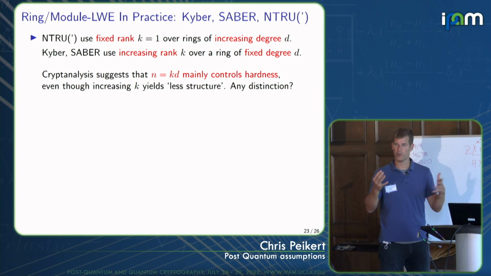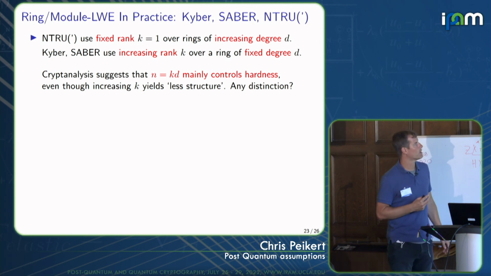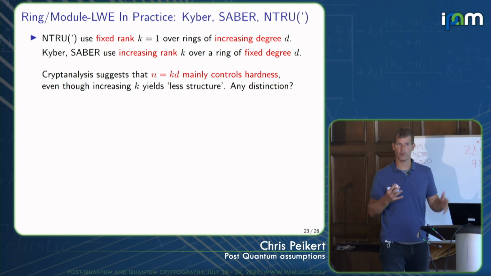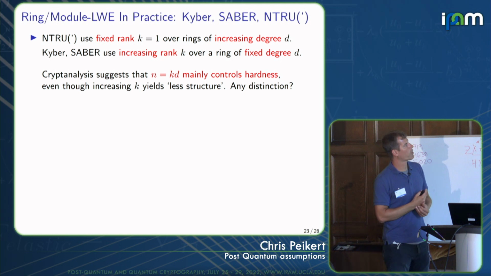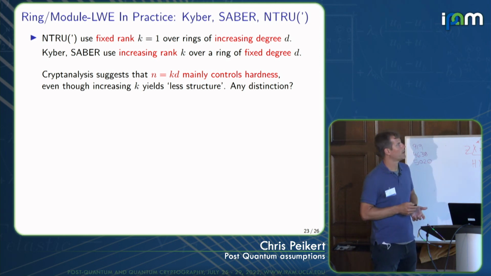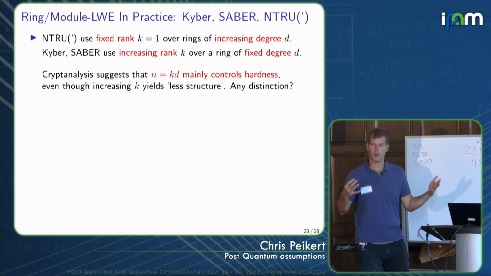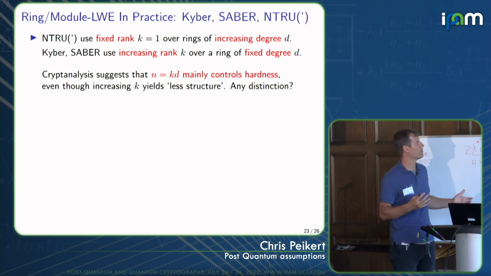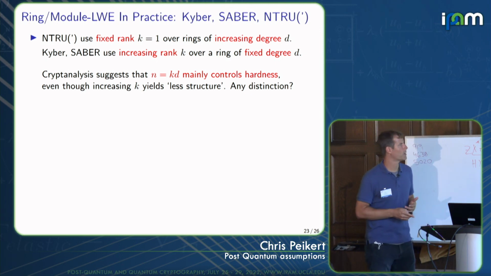Fewer linear symmetries in the lattice. So the question is, is there any actual distinction here, or is the dimension n the only thing that ultimately matters? It's not clear at all. The intuition suggests that increasing k should increase the hardness, maybe more than increasing d does, but that's just a guess.